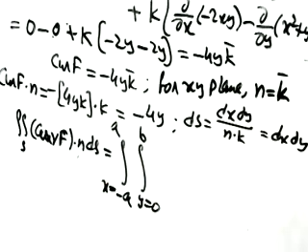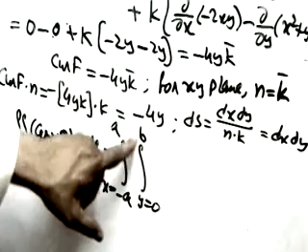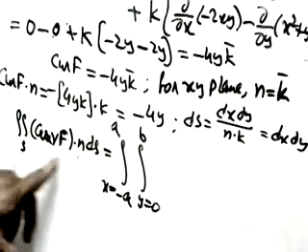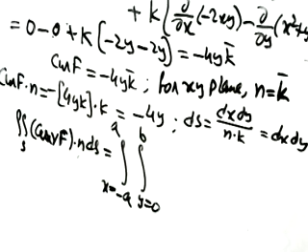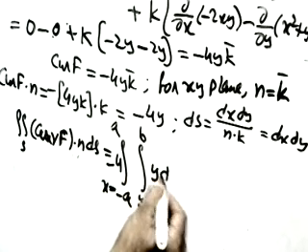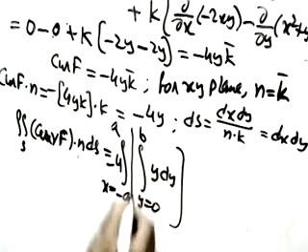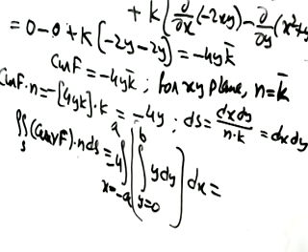Now see here, once more I will explain. x is minus a to a, y equals 0 to b, curl f dot n. What we got here? Curl f dot n, we got minus 4y. We can write minus 4 outside. What is left here? y dy, then dx.